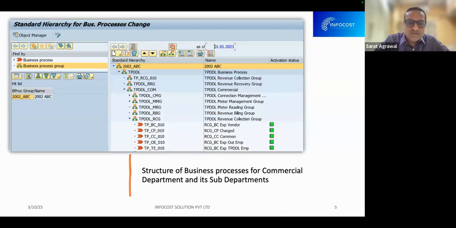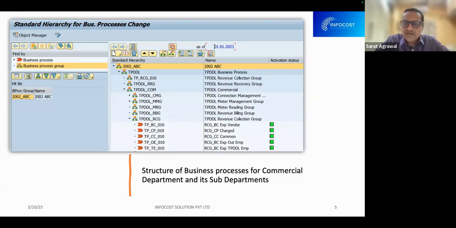Now we need to understand what exactly the business process is. Before we start the process, we need to understand that under activity-based costing, unlike the normal cost center accounting, we have something called a business process. So this is a complete hierarchy for business processes.